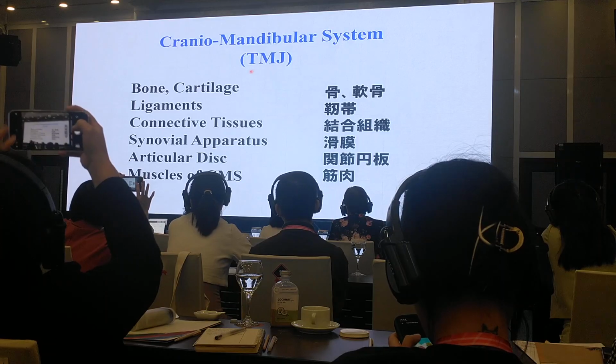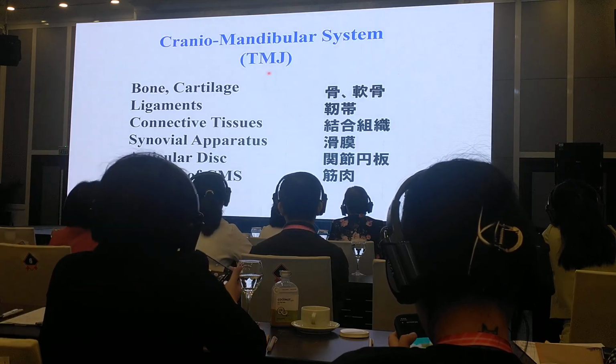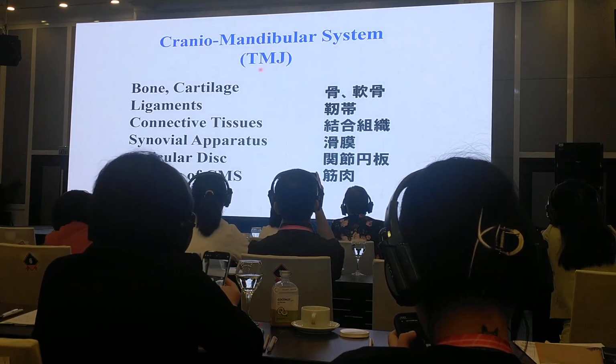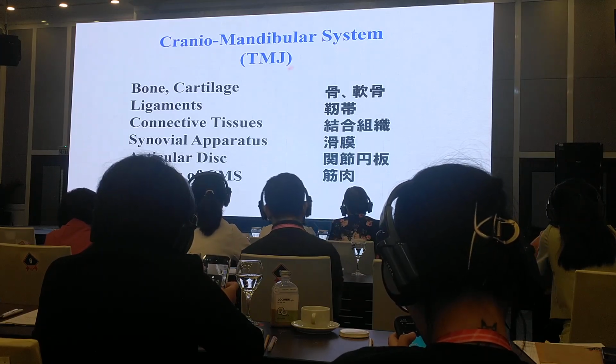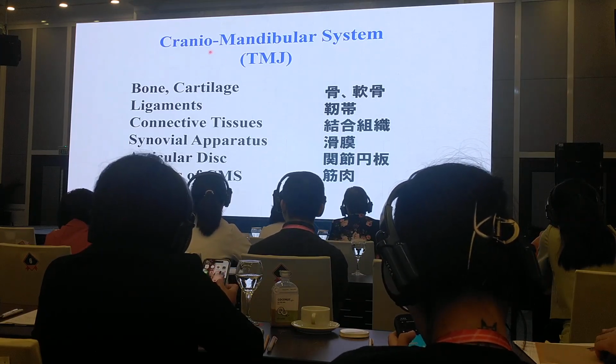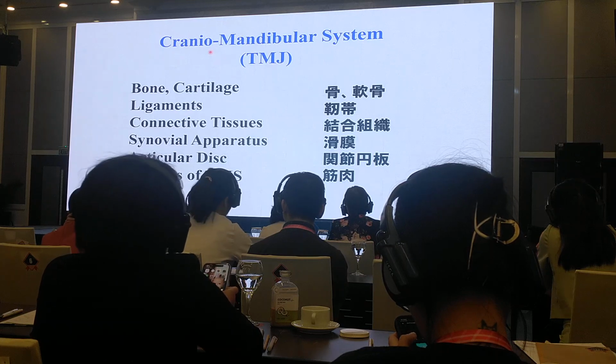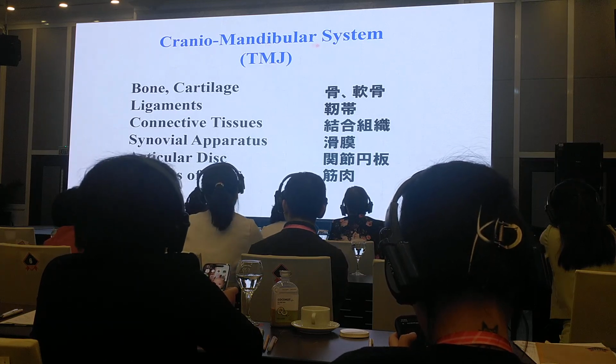But always, if we discuss the temporomandibular joint, our concept should be the craniomandibular system.